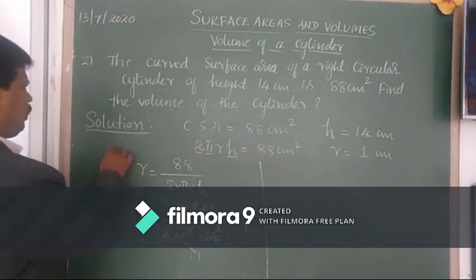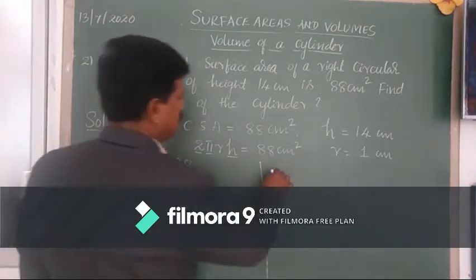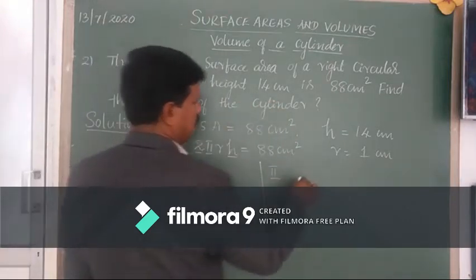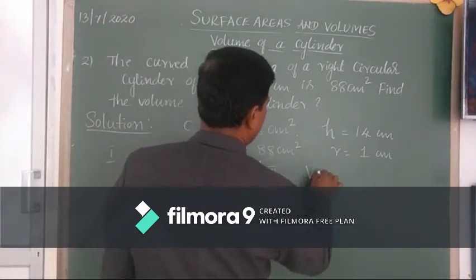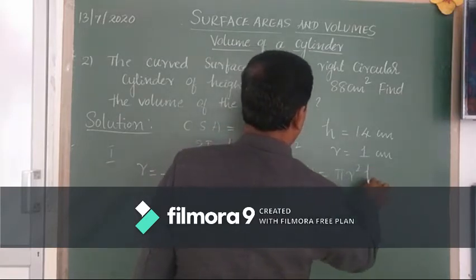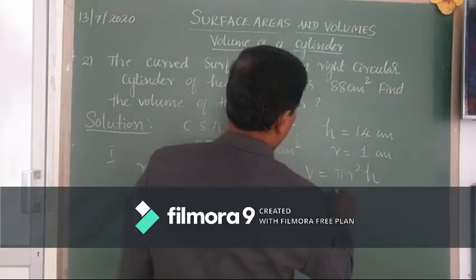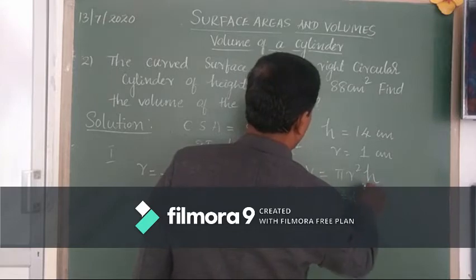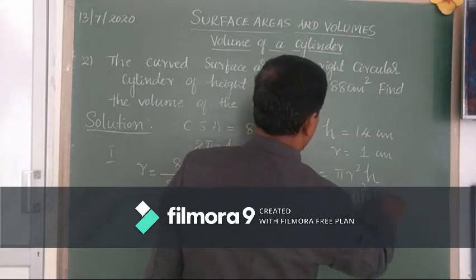So first we should find this. Now second, what do we want? The volume of the cylinder. So volume of the cylinder, V is equal to pi r square h. Now pi is 22 by 7, r means 1 square, into h is 14.